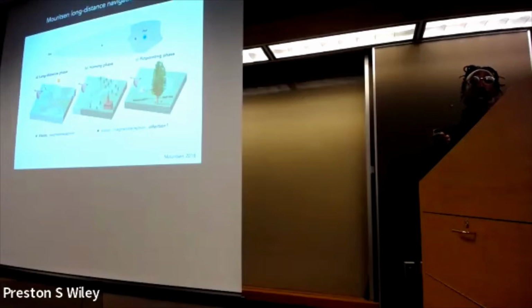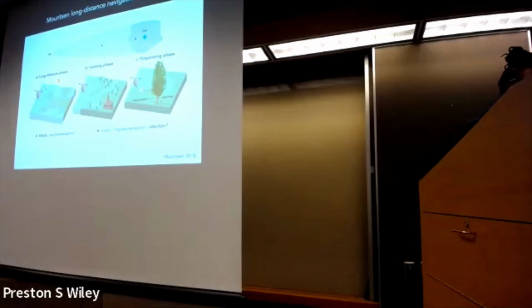Because monarchs will not only return to these very specific sites in central Mexico, they'll return to the exact same sites year after year, even the exact same trees year after year. So as a part of the Morton hypothesis, the idea is that different sensory cues are being used for these different phases of navigation.